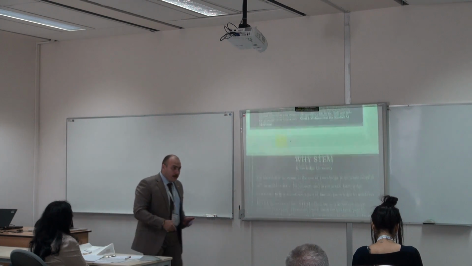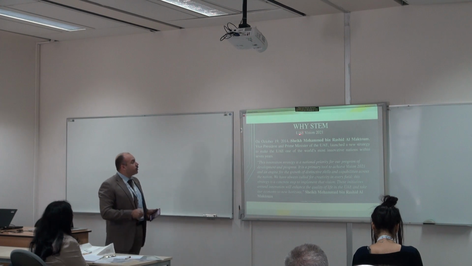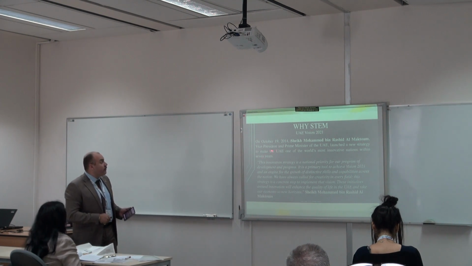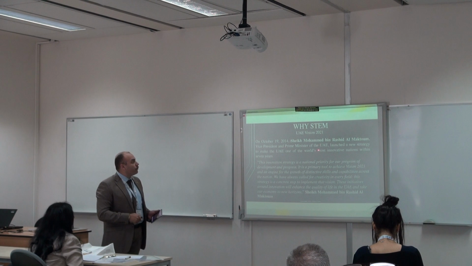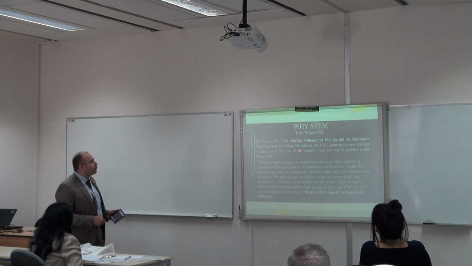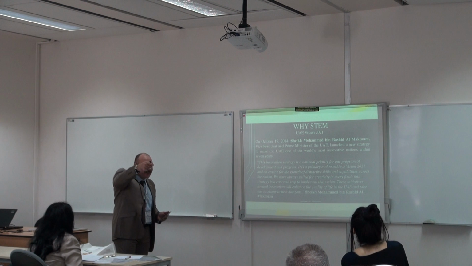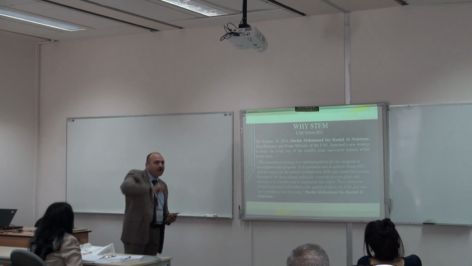In the same way, in the UAE, on October 19, 2014, Sheikh Mohammed bin Rashid Al Maktoum, Vice President and Prime Minister of the UAE, launched a new strategy to make the UAE one of the world's most innovative nations within 7 years. It means by 2021. That's why the KPIs run until 2021.